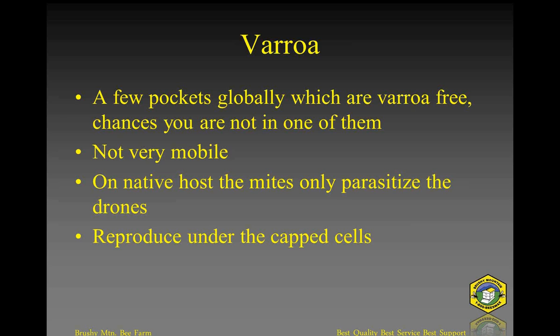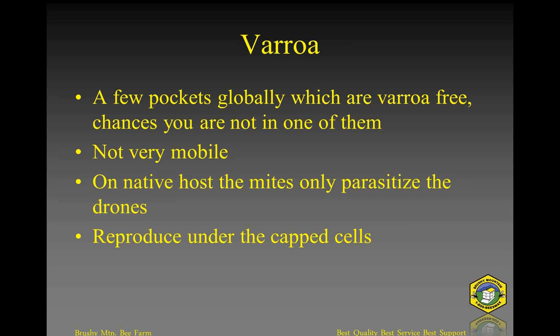The other thing that we can use to our advantage is that Varroa mites are not native to Apis mellifera. Apis mellifera is the species of honeybees that we manage. It's the European honeybees, so to speak. The Varroa mite is not native to Apis mellifera.